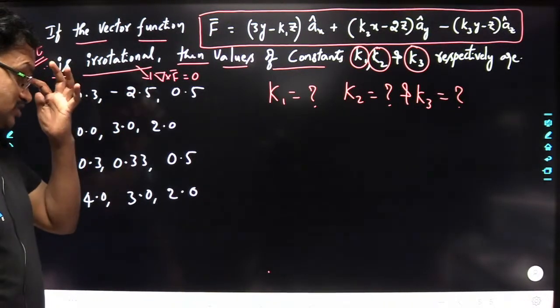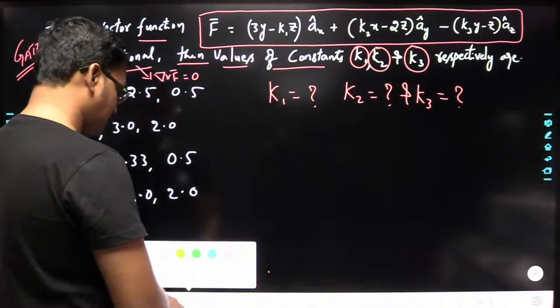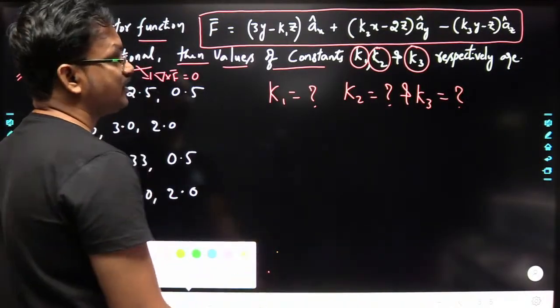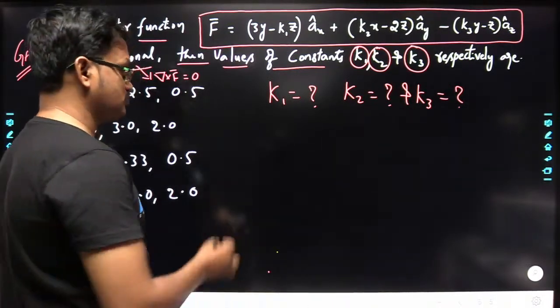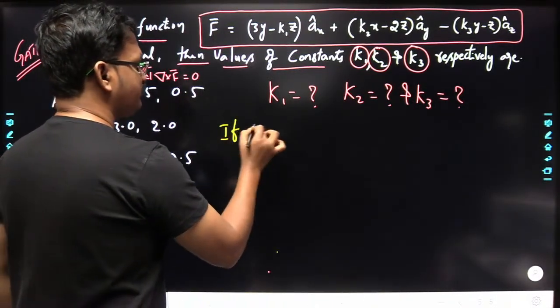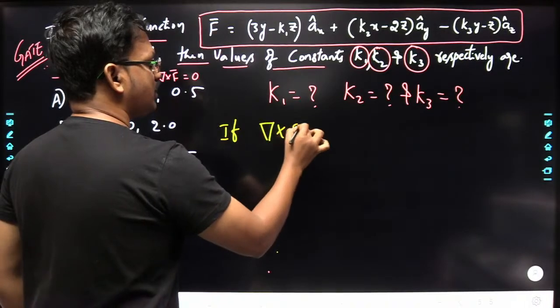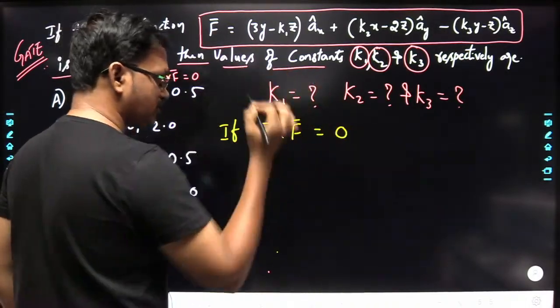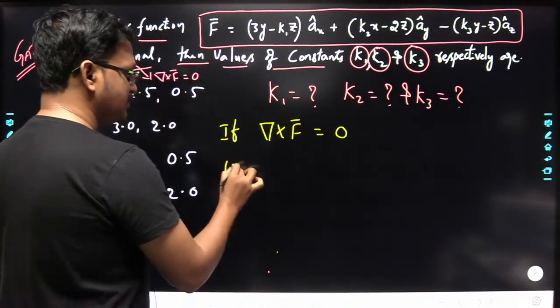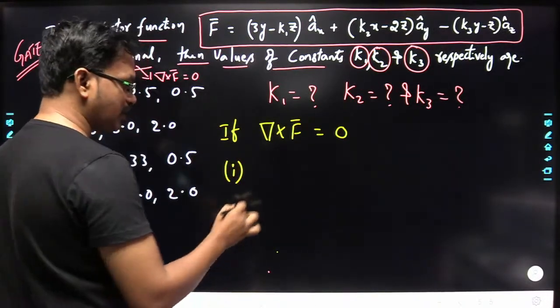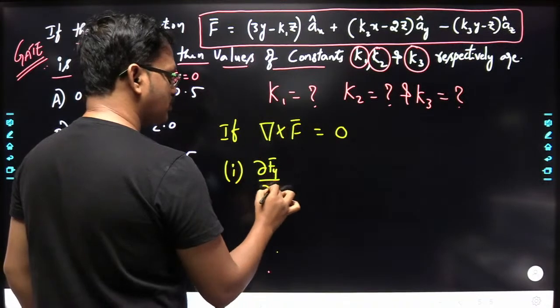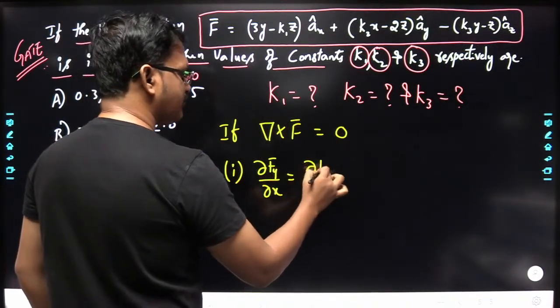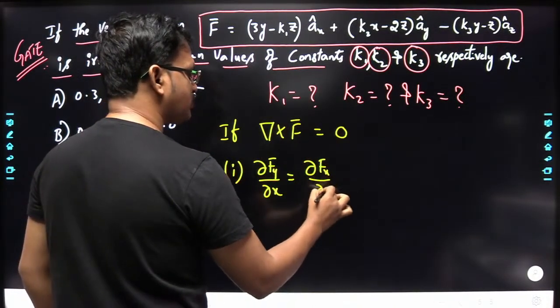Just now we have seen the condition for del cross f bar equal to 0. It has to satisfy three conditions. Differentiate the y component with respect to x; this must be equal to differentiating the x component with respect to y.